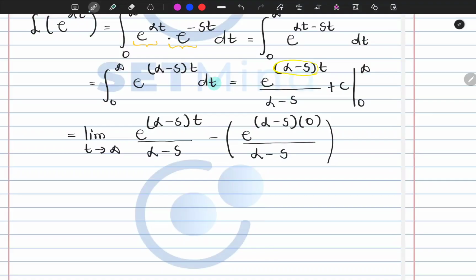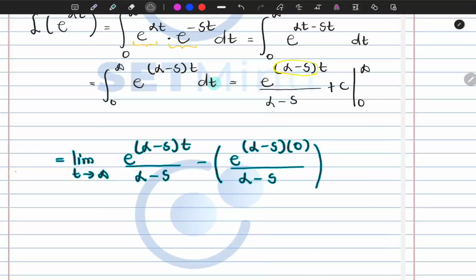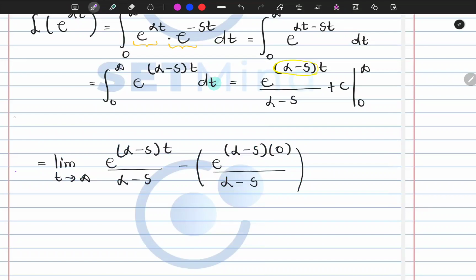What you should remember, at least when you get to exponentials like this, is that the infinity term, we always want it to approach 0. So an assumption that is taken here is that the real part of s is bigger than alpha. We assume this because we want our system to not blow up to infinity, because if it does, there's just no utility in whatever we are doing.